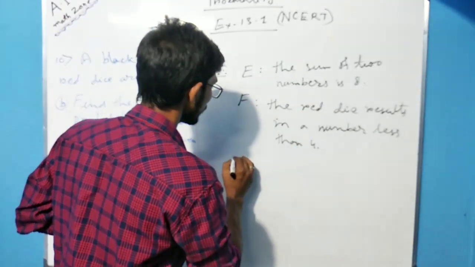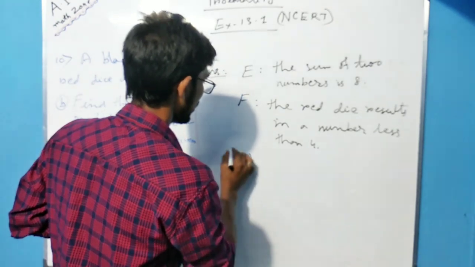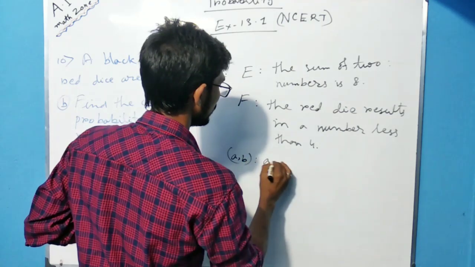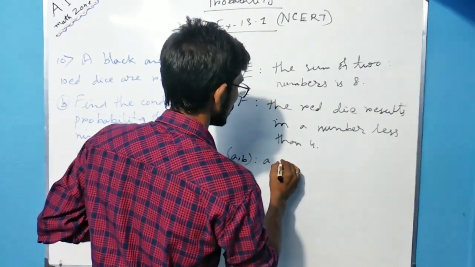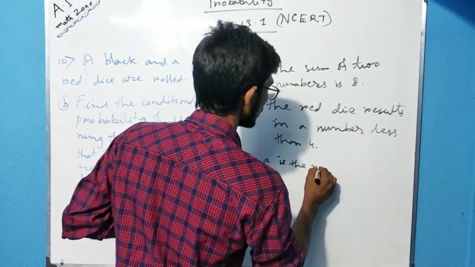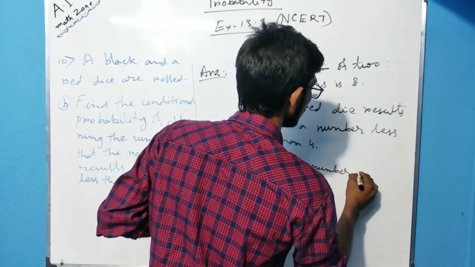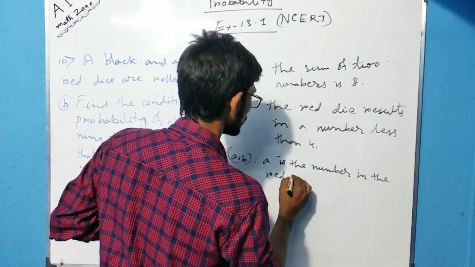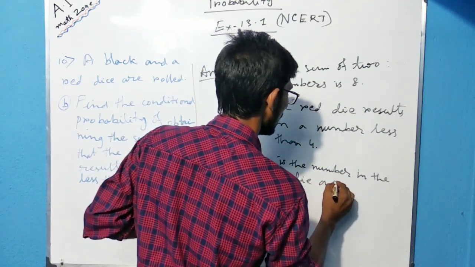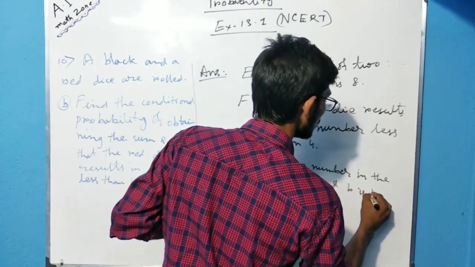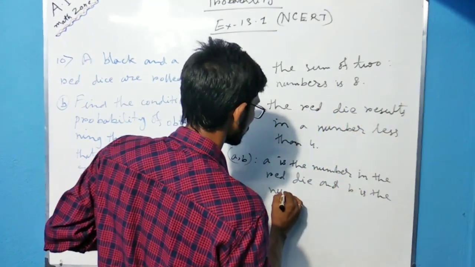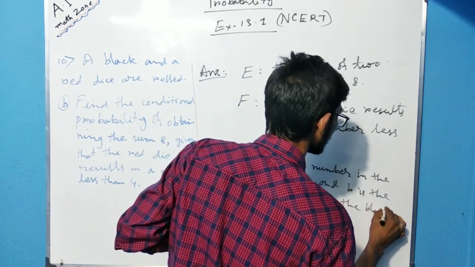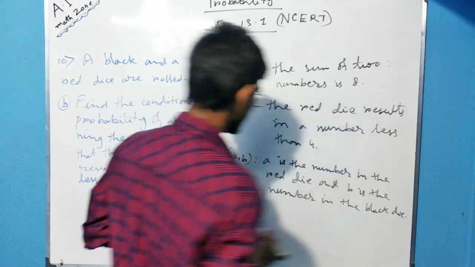And (A, B) is the ordered pair where A is the number in the red die, and B is the number in the black die, right?